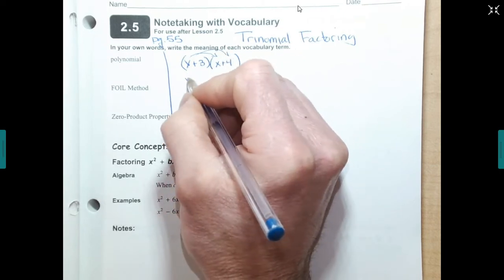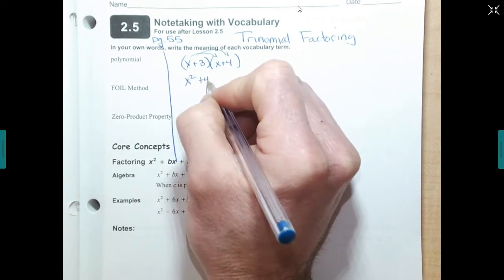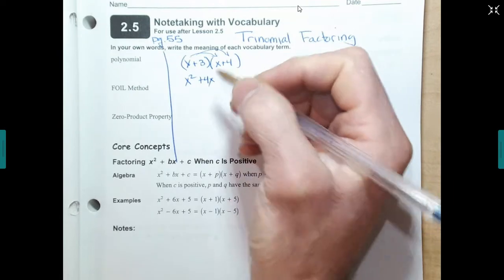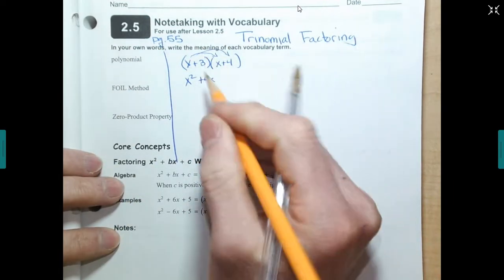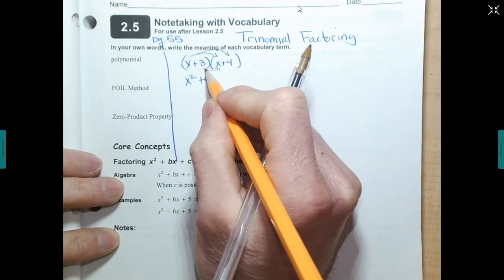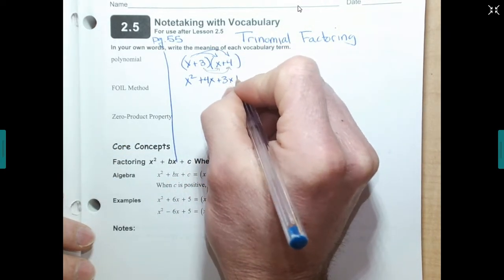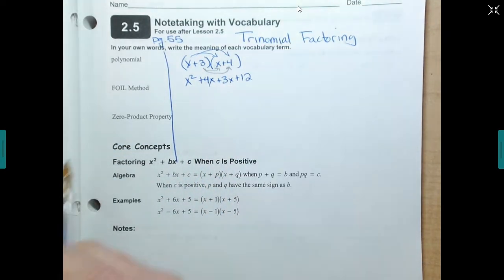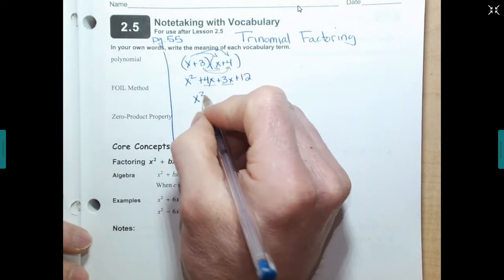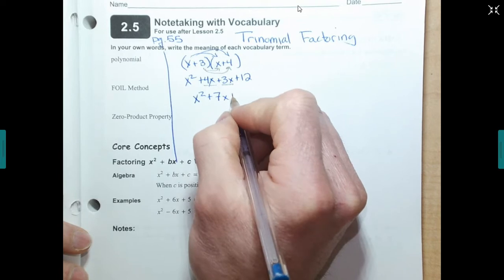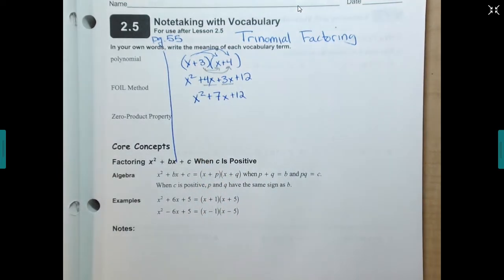We'd go x squared plus 4x, and then we'd distribute the 3 and have plus 3x plus 12. We would combine our like terms and end up with x squared plus 7x plus 12.